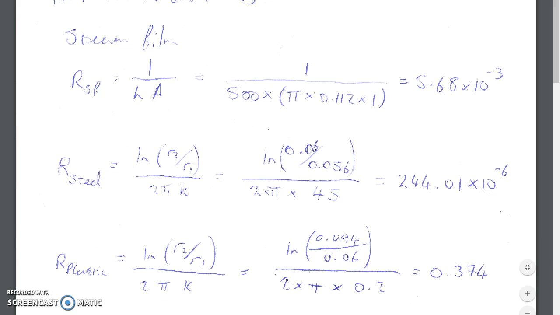The next thermal resistance is of the steel pipe itself. And the formula for that we've used in class already, which is the natural log of R2 over R1, all over 2 times pi times K, with K being the thermal conductivity, which is the inverse of thermal resistance, R2 being the outside radius, R1 being the inside radius, and we see the natural log of 0.06, that's the 120 mil diameter outside of the pipe, over 0.56, which is the internal diameter radius, and then 2 times pi times K, which in this case is 45, because steel transmits fairly well.